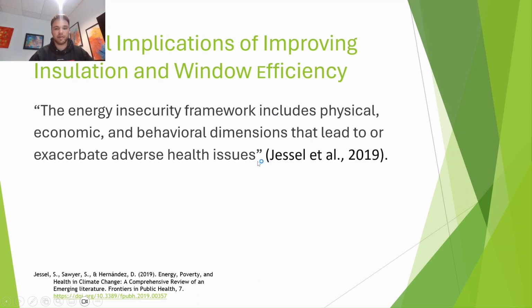So people are more comfortable and they're not getting these bad diseases like heat stroke from being too hot, or hypothermia from being too cold in the middle of the night in the middle of the winter.